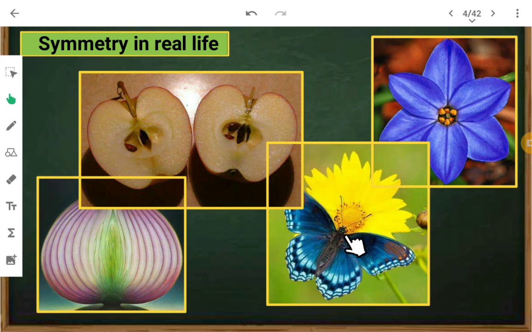Here you can see the line of symmetry. And if you slice an apple, you get the symmetry. And if you slice an onion, you will get the line of symmetry. In detail, we are going to see the symmetry. And I showed you some real examples.